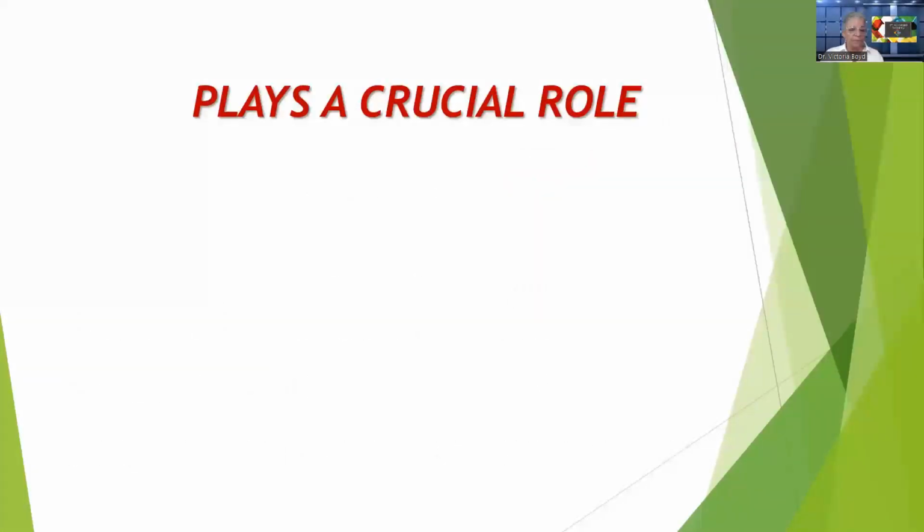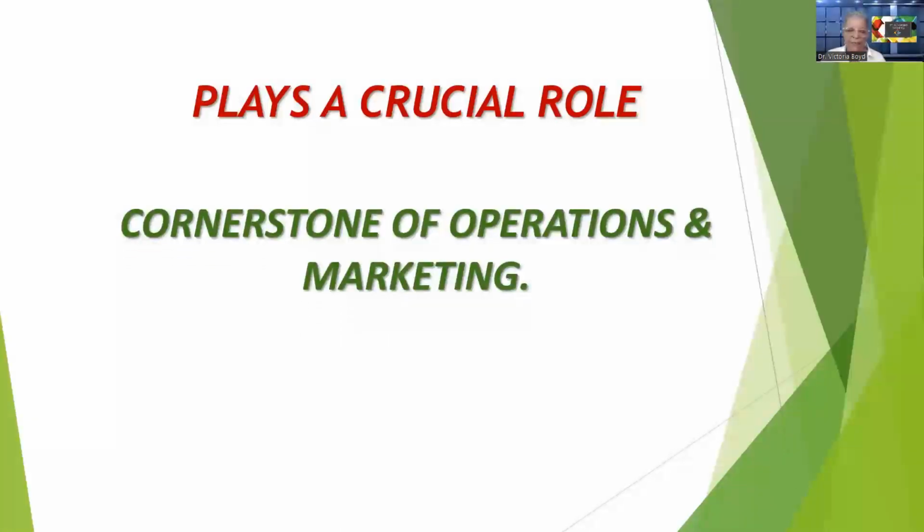But why is that so important? Once again, I said a website is the cornerstone of operations and marketing. This is where you can have it function and work for you by having volunteers sign up on forms, having donations accepted on digital platforms, with your calendars and events.